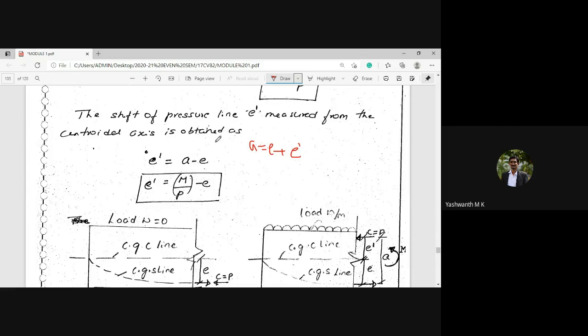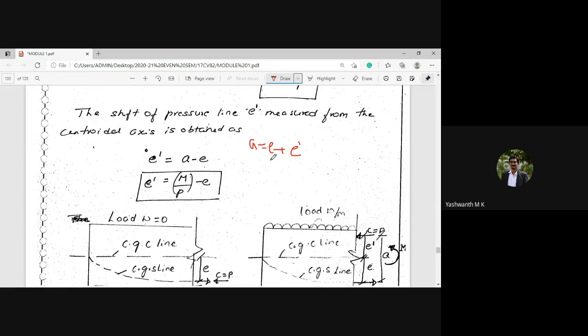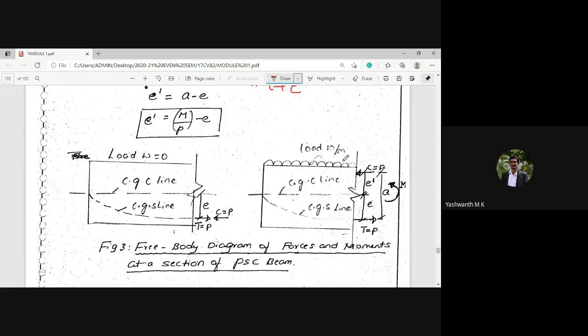Therefore E dash is equal to A minus E, where A is M by P. In the problem we need to calculate E dash, A, all those things, so we need to clearly know the meaning of A, E dash, and E. Hope the concept has been clarified, because I have explained it with the diagram. Is it clear? Okay, fine.